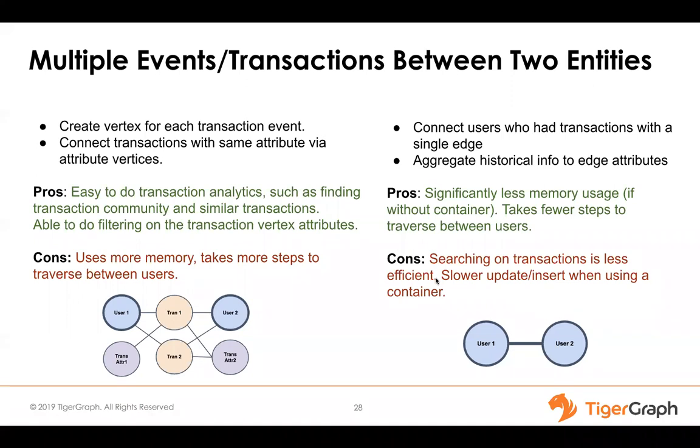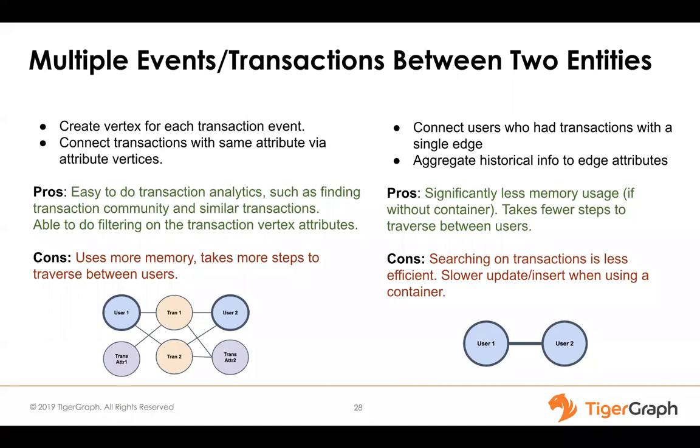If you want to get transactions within a certain period of time or a certain window of amount, it's a lot less efficient because you need to scan over all the edges to find those transactions. And it becomes slow when you have to maintain the containers stored on the edge. That's another concern.